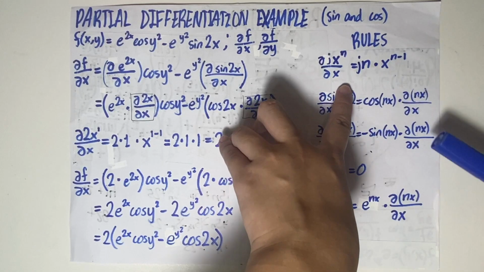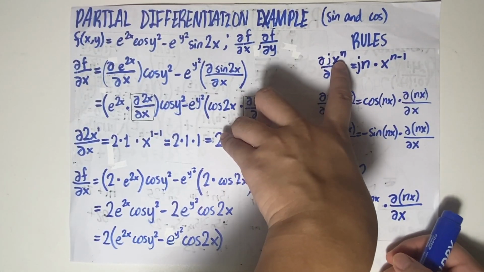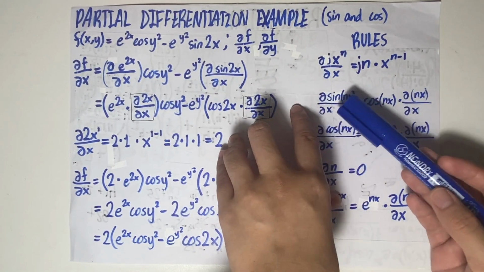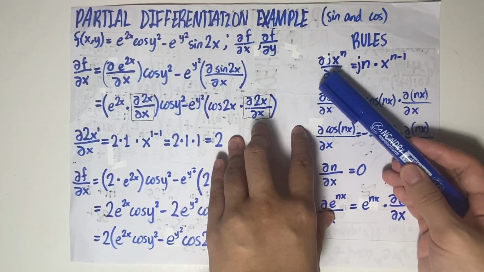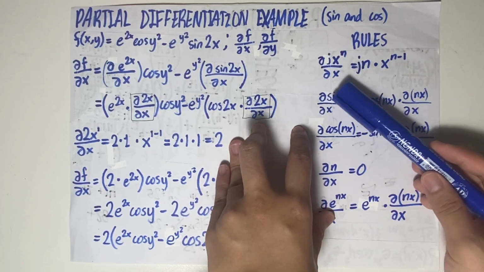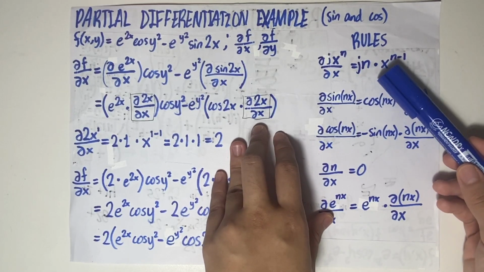In this case, j is any real number and n is an integer. So when we're deriving j times x to the power of n, we can quickly derive that as jn times x to the power of n minus 1.